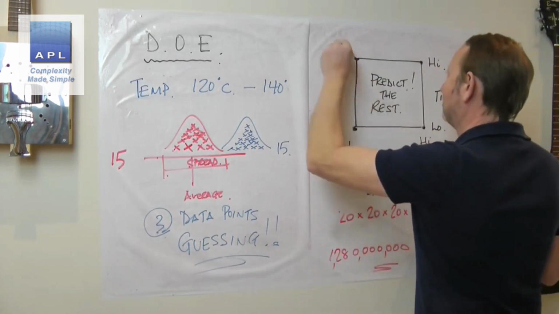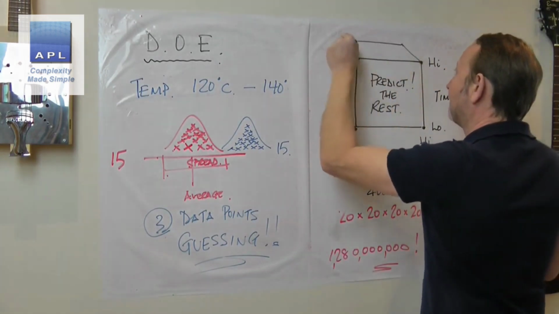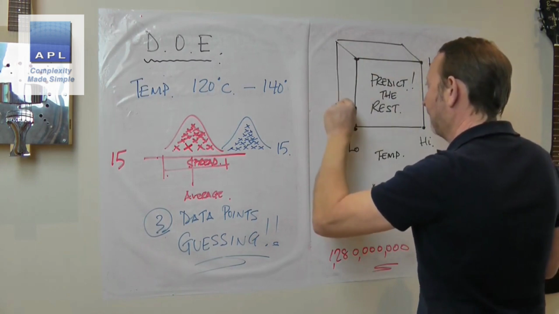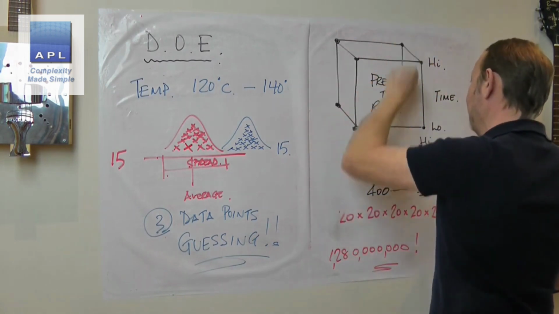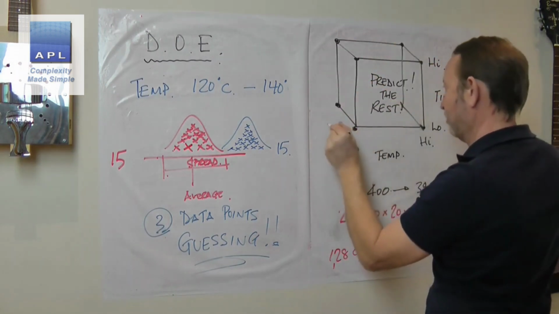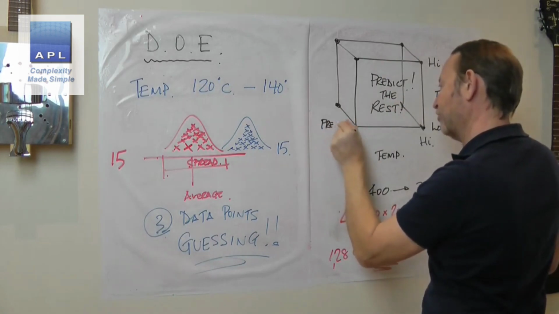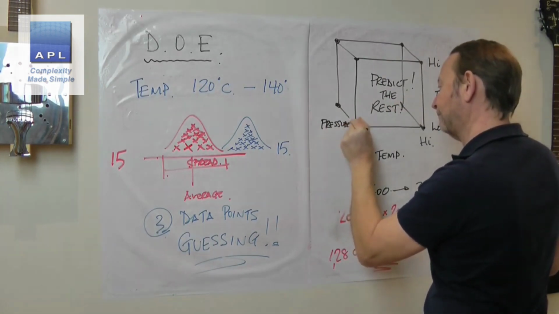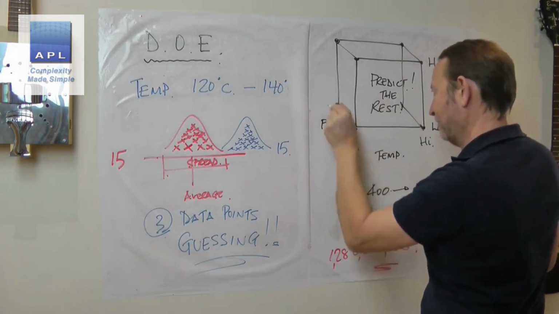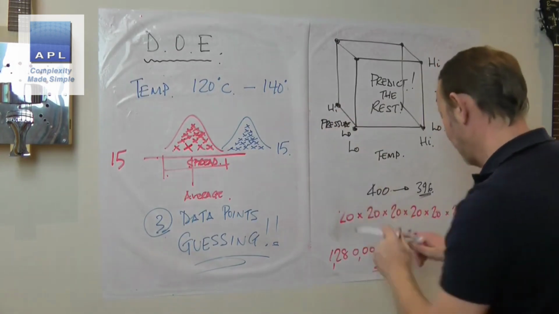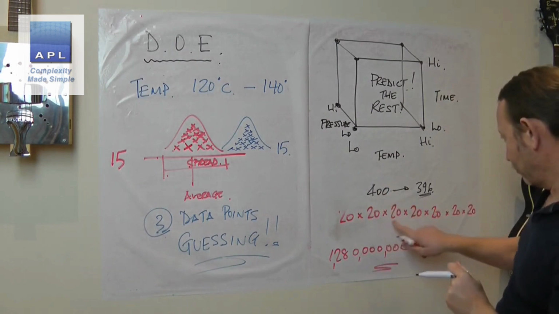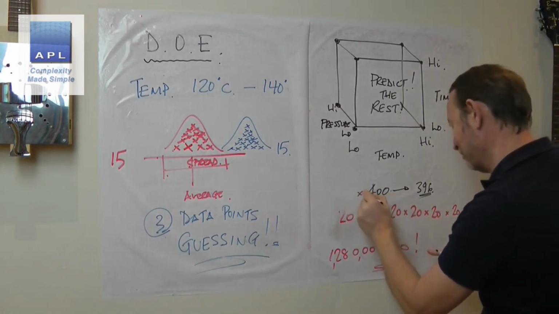Let's add another variable. Right, time, temperature, pressure. I'm going to test low, I'm going to test high. Now, 400, what is it, 8,000.